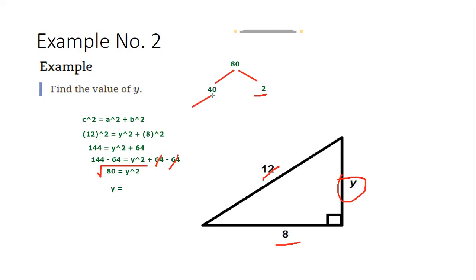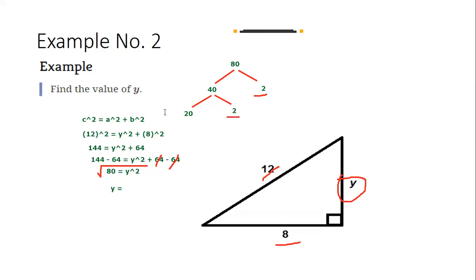So let's factor out 40. I'm going to divide 40 again by 2. How do we find the missing factor? Of course, we divide 40 by 2, and that's 20. So 20 is the missing factor. Again, 2 cannot be factored out anymore, because it is a prime number already.